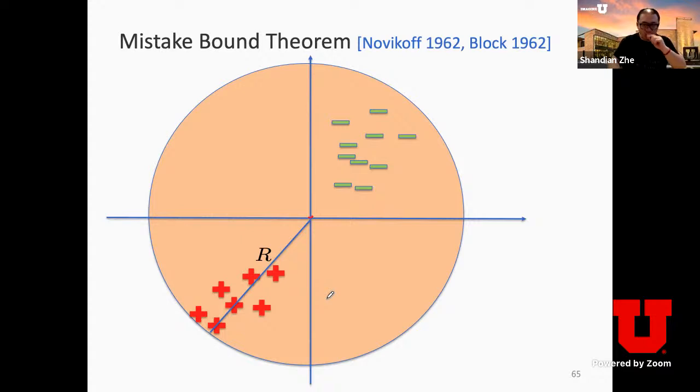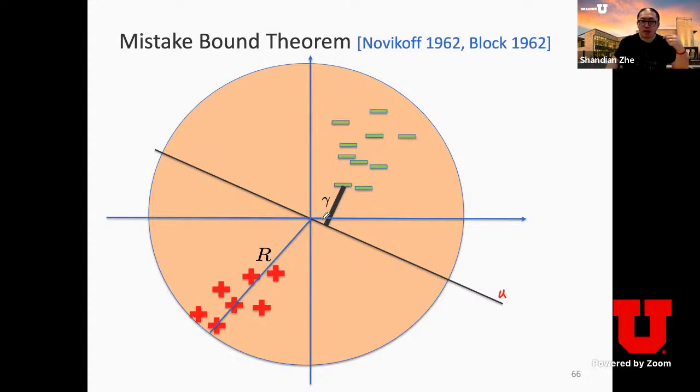R actually represents the range of the training examples. And to estimate the bound of the number of mistakes, we're gonna find an arbitrary separating hyperplane, U. From U, we know it has some margin gamma, computed by the minimum distance between the data points and the separating hyperplane.